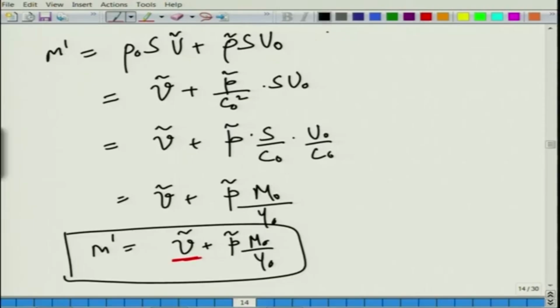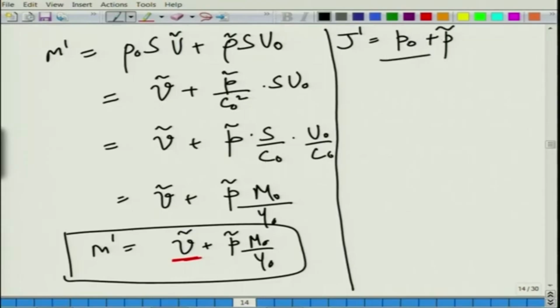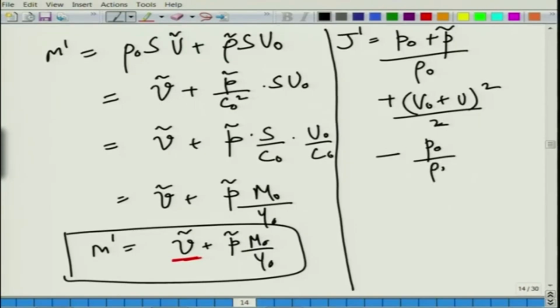Now, similarly, we can also try to do, in this short space, what happens to the perturbation stagnation enthalpy, that is, p naught plus p tilde by rho plus u squared by 2, which we saw only briefly in the last class, minus p naught by rho naught plus u naught square by 2.